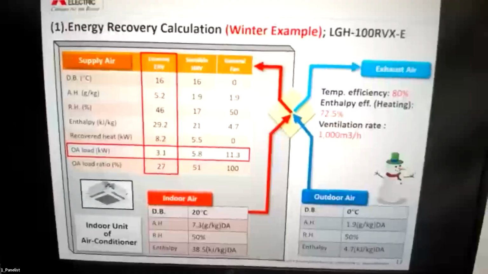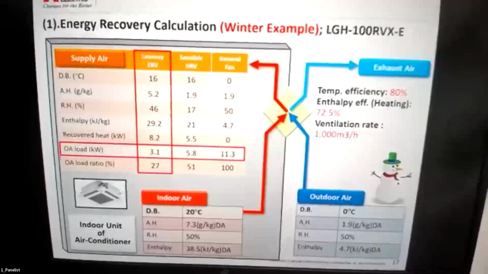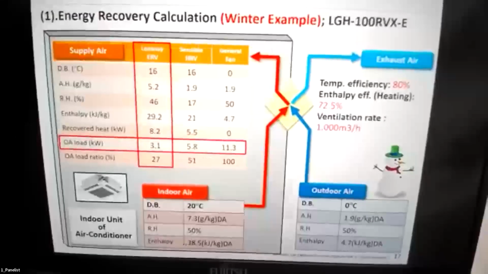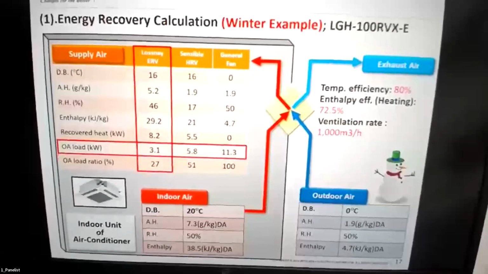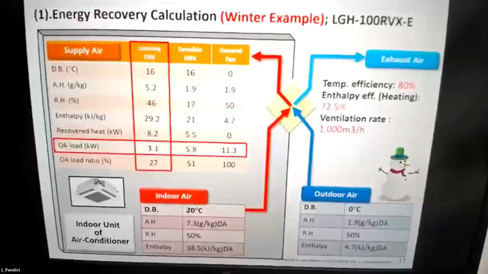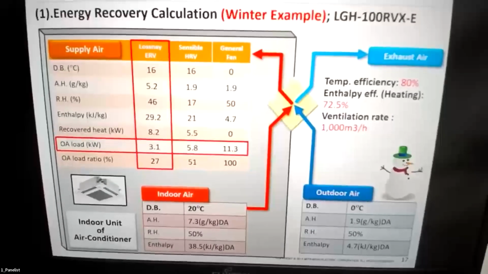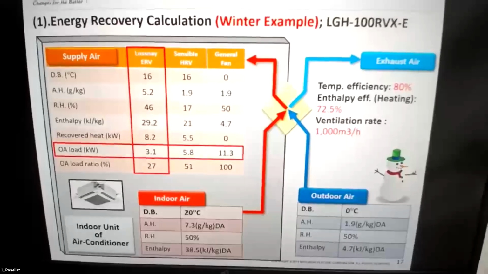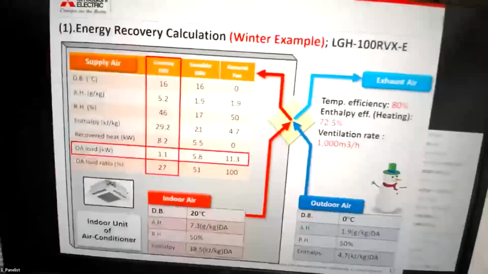In most cases, unit life is, for example, 10 years or 15 years, and the heat exchanger is not changed. What's the cost of the heat exchanger? I cannot say, I don't know, but it's not cheap.